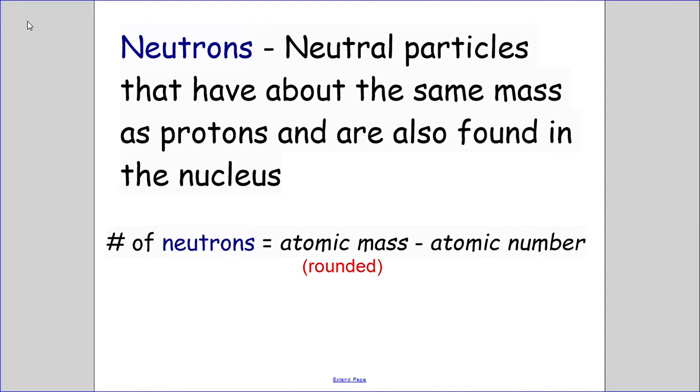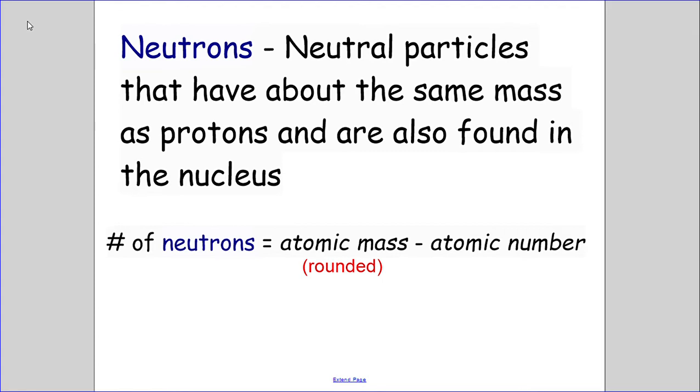The atomic mass can normally be found on the bottom of an element. If we look at carbon, it has an atomic number of 6 and an atomic mass of 12.01. Rounding that gives us 12, and 12 minus 6 gives us 6.